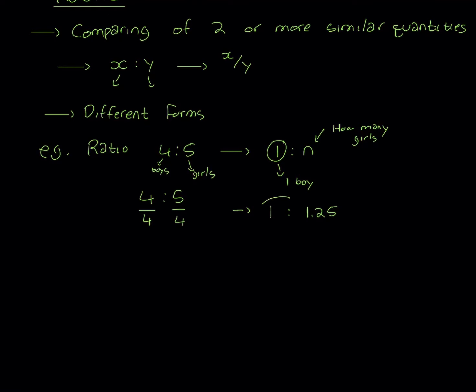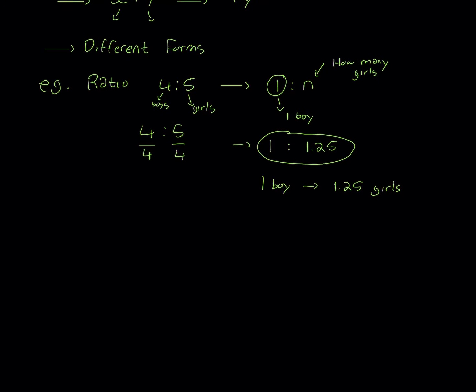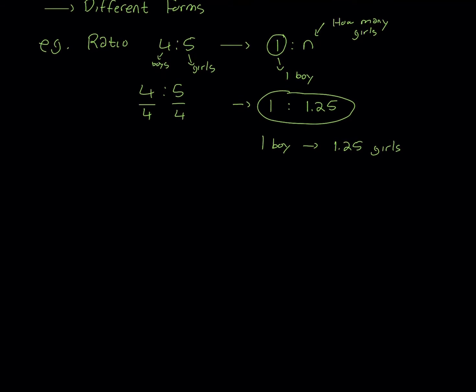What this ratio says is that for every one boy, there are going to be 1.25 girls. I mean, obviously, you can't split a girl into like 1.25, but this is essentially just a ratio, right? And it's equivalent to 4 over 5. I mean, 4 is to 5.